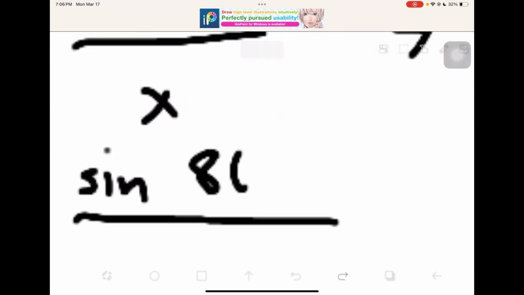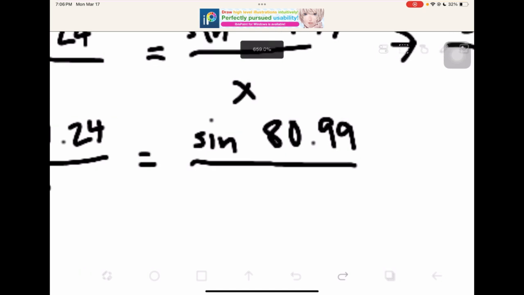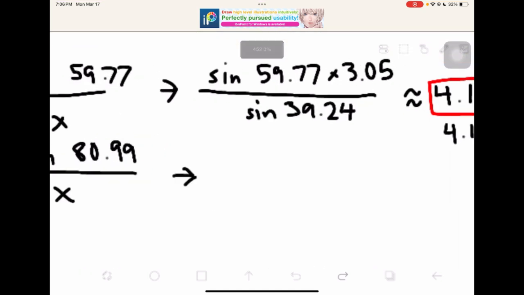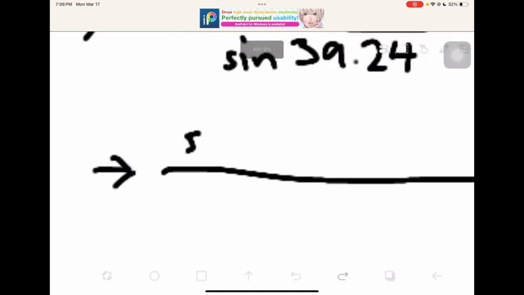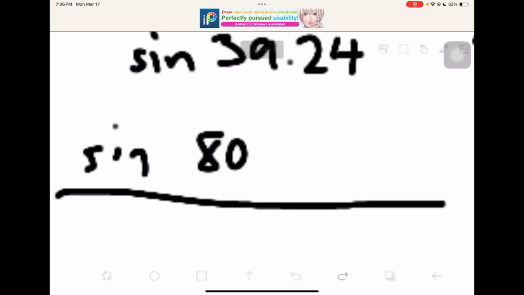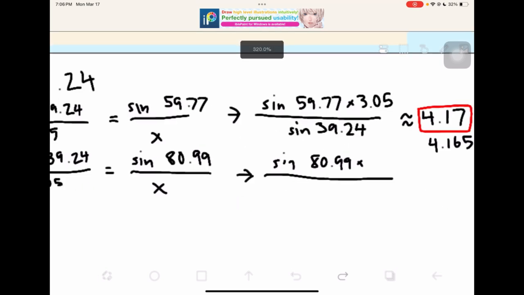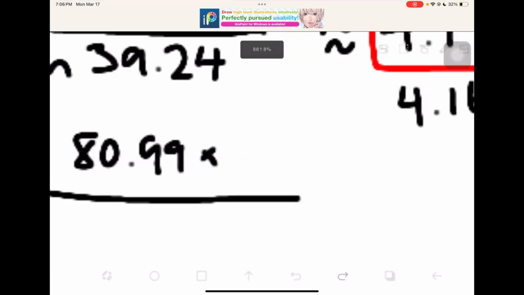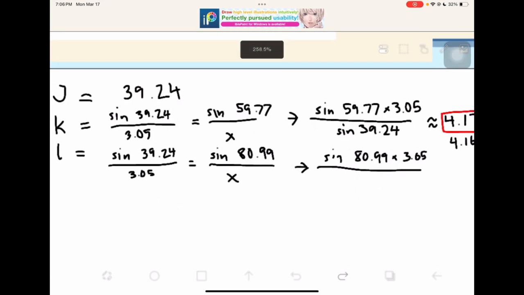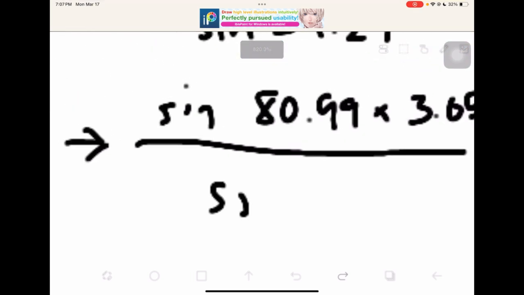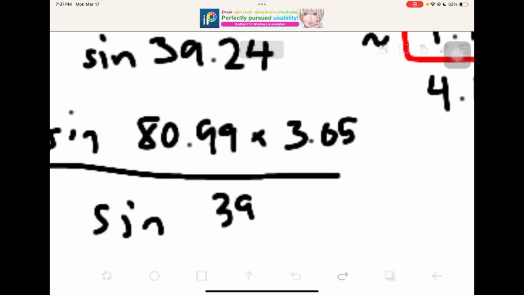Sine of 80.99 all over x. That can be translated into sine of 80.99 times 3.05, sorry, all over sine of 39.24.